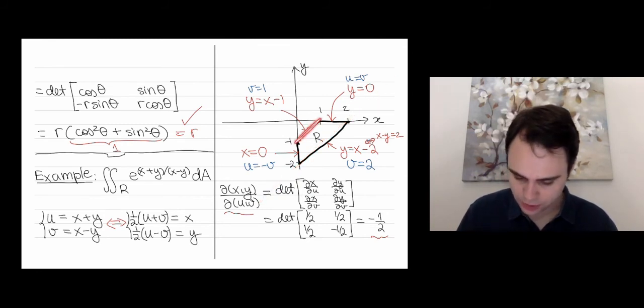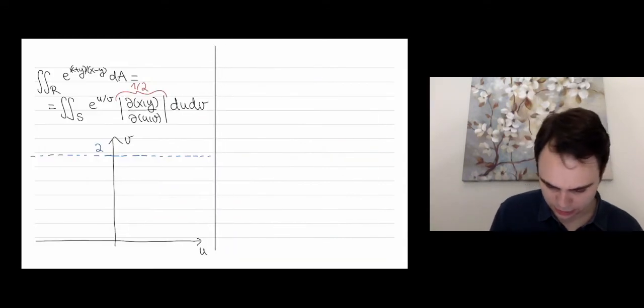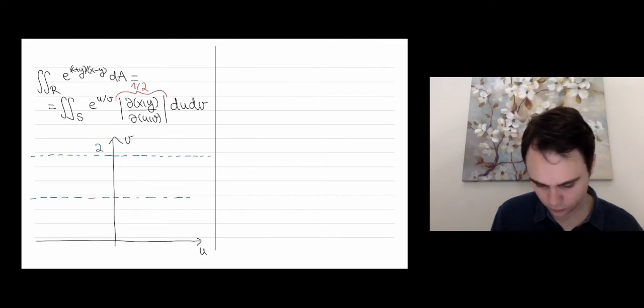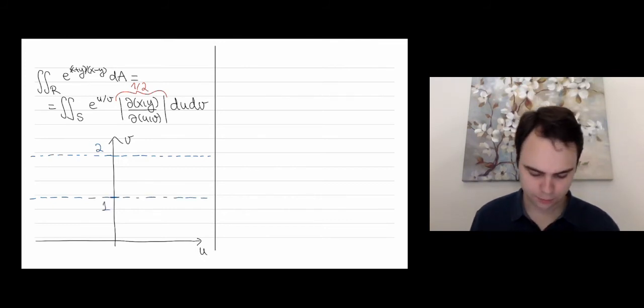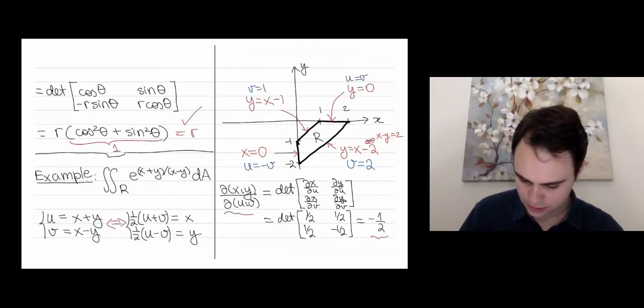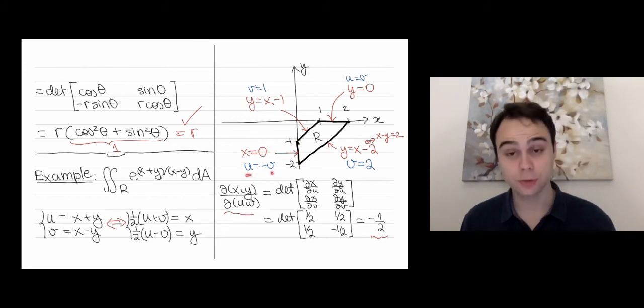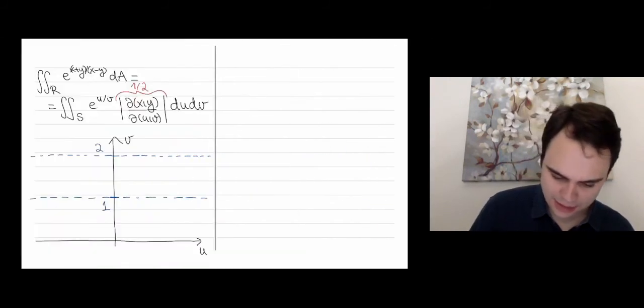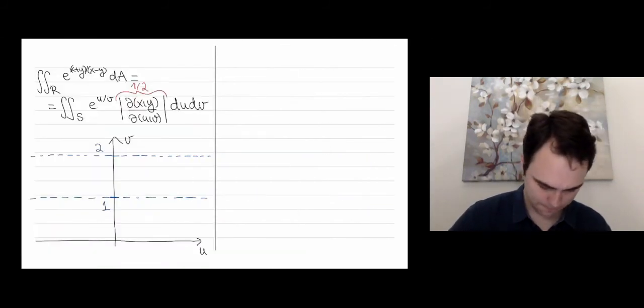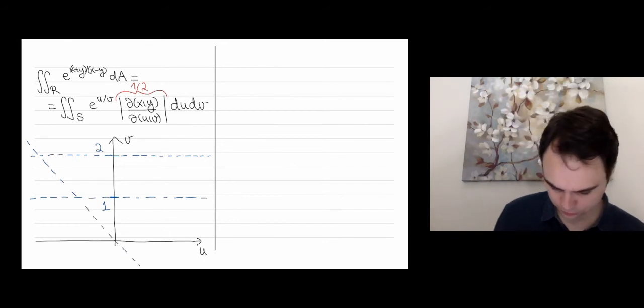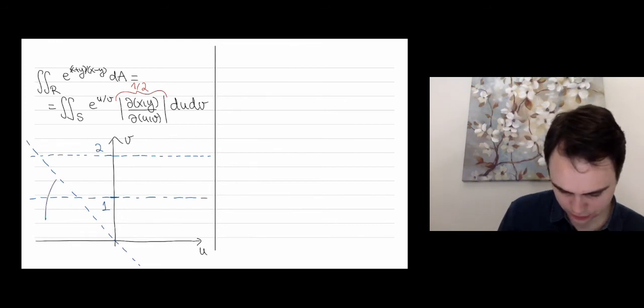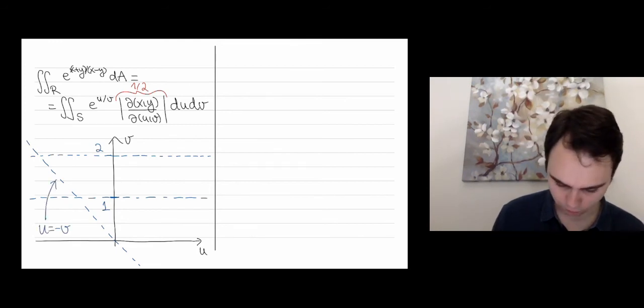Similarly, this line over here is just given by v equals 1. So it looks like this. Here, v is equal to 1. Now this line over here, u equals minus v, contains 0, 0, and it's anti-diagonal, like this. So this line over here is u equals minus v. This over here is v equals 2.